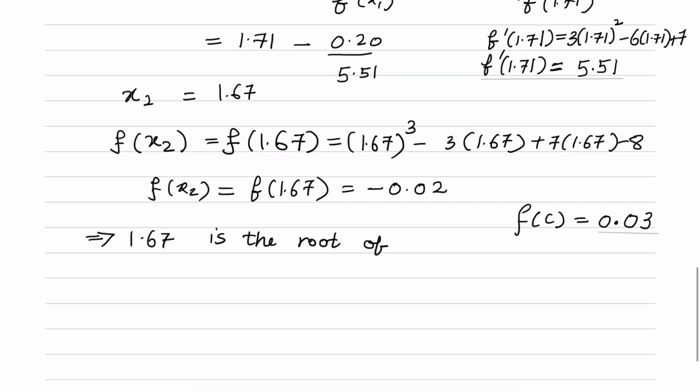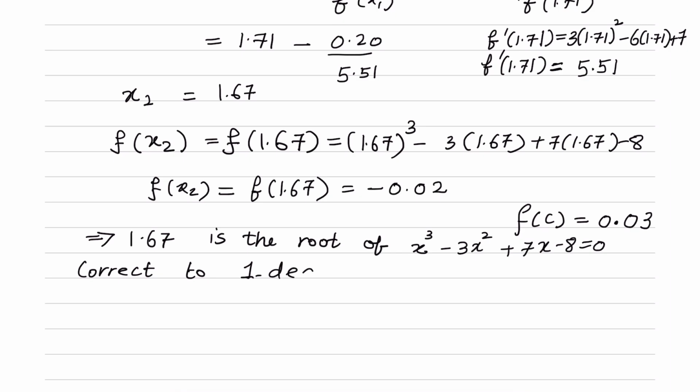of the equation x cube minus 3x square plus 7x minus 8 equal to 0, correct to one decimal place.